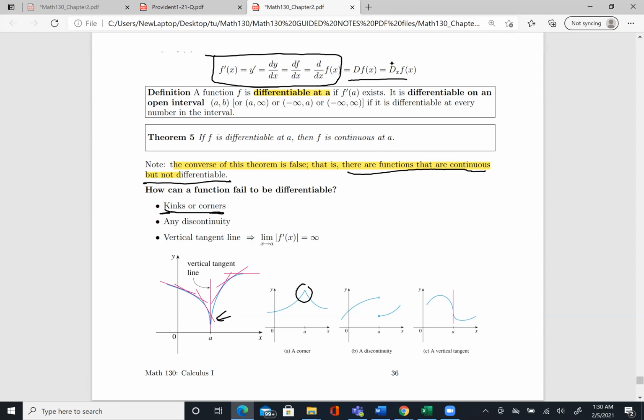Yes, vertical tangent line. And here the limit of the absolute value of any value of x is going to be infinity.